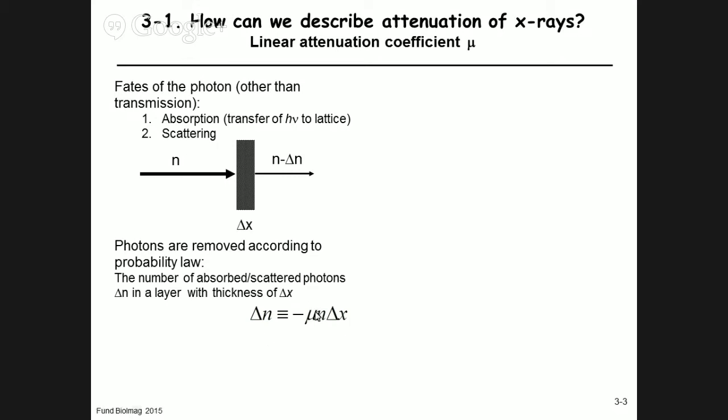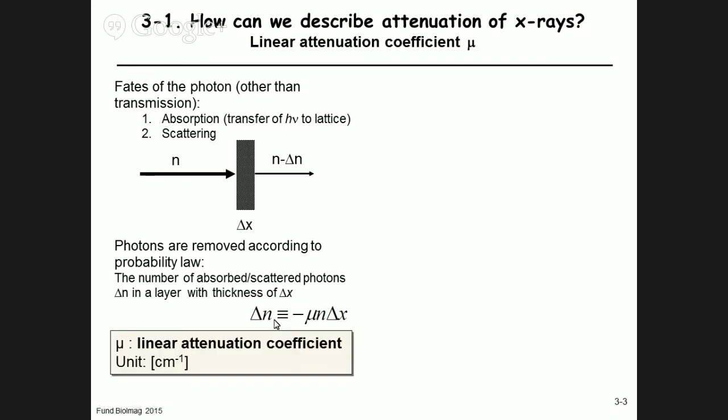And then here is a constant mu, and we're going to talk about this constant in more detail during this lecture. That is a property of the tissue. It just basically describes the probability with which this happens.